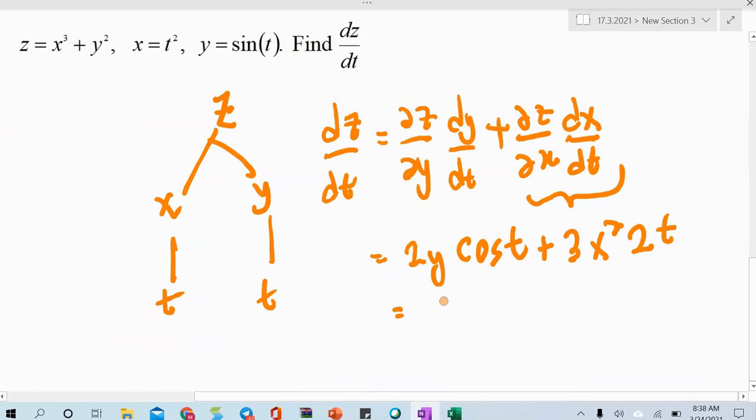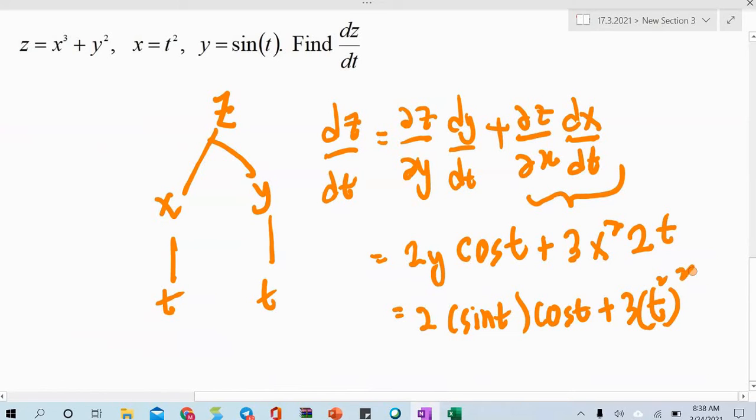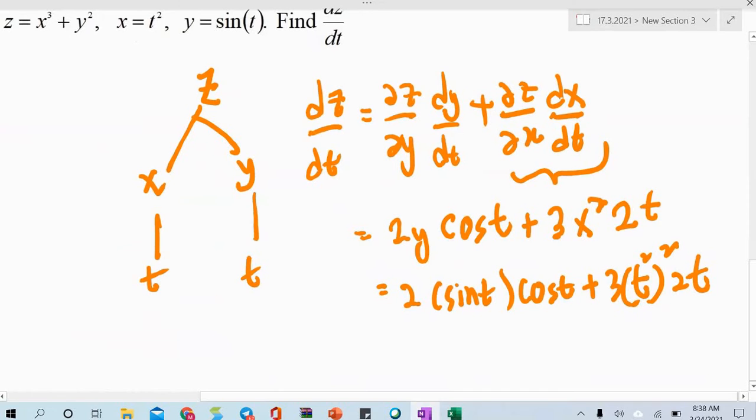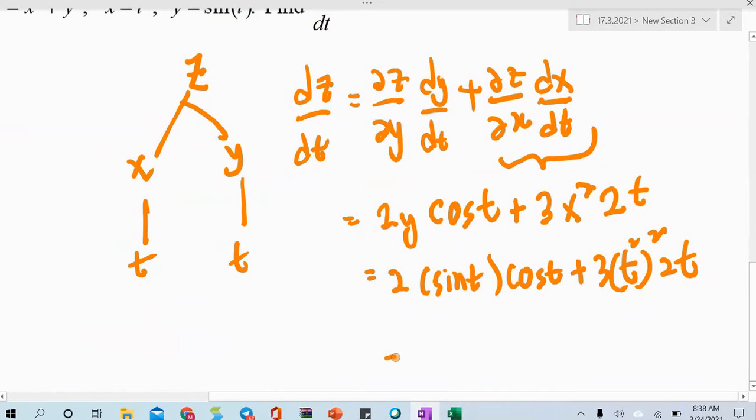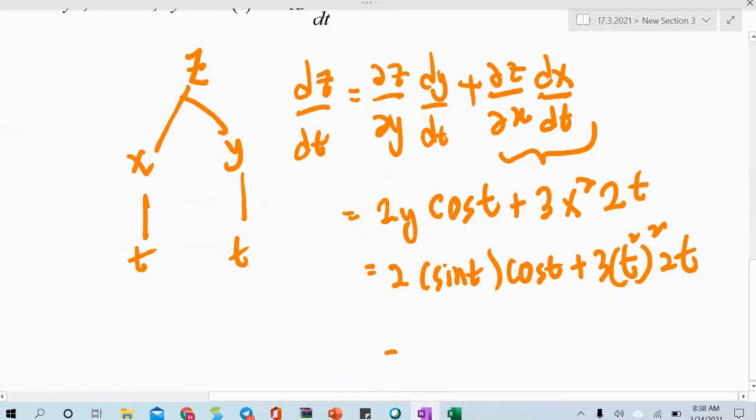Then substitute y with sin t, cos t, and x will be t squared. So 2 cos t sin t is sin 2t.